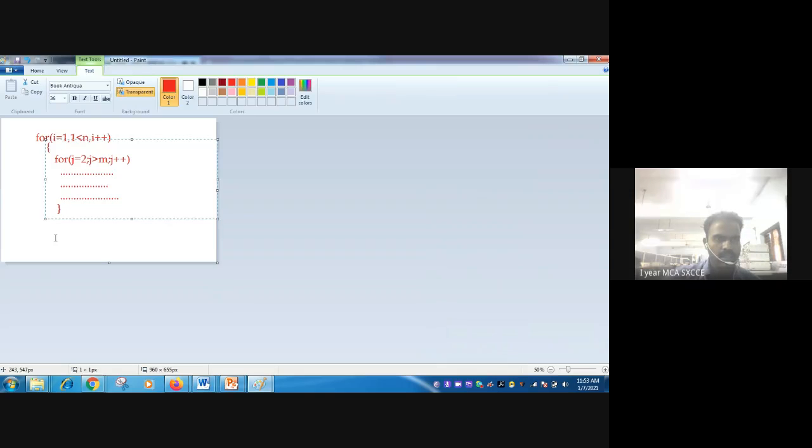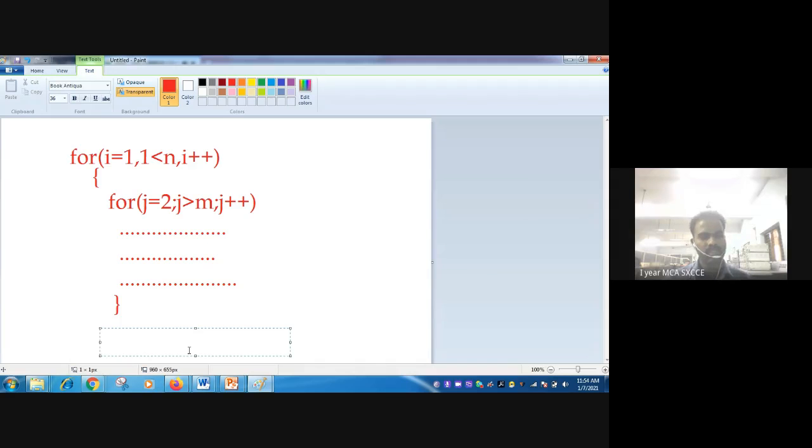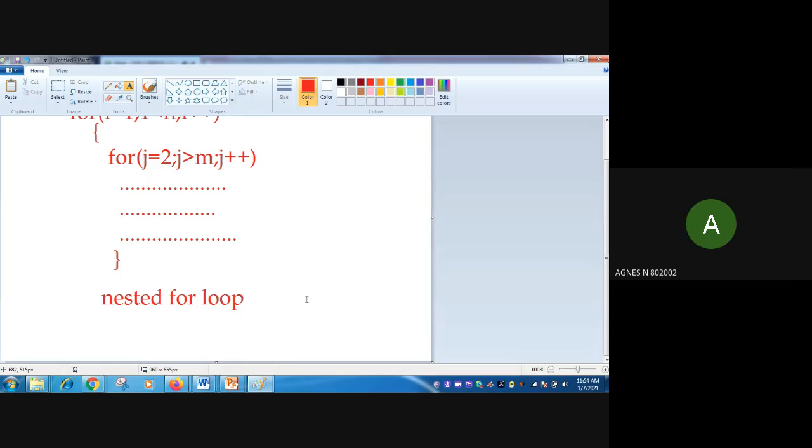So இங்க பாத்தீங்கன்னா ஃபார் லூப்புக்குள்ளாடி இன்னொரு ஃபார் லூப் வந்திருக்கு. இதுக்கு என்ன ஒரு டெக்னிக்கல் டேர்ம் படிச்சிருப்பீங்க. It is called nested loop.